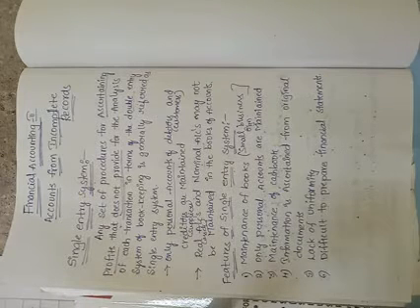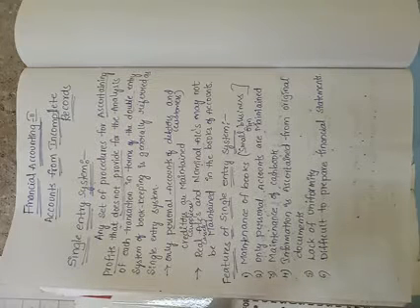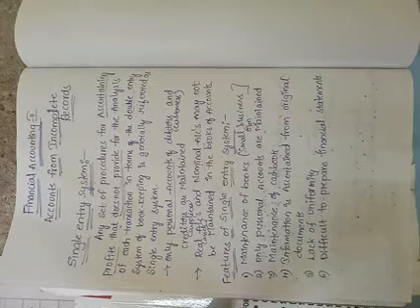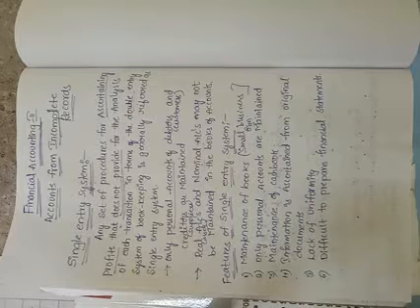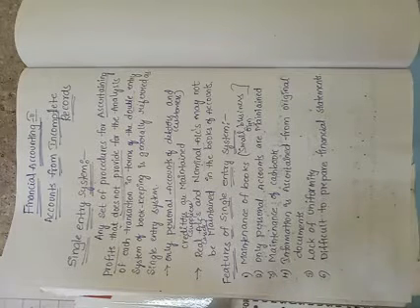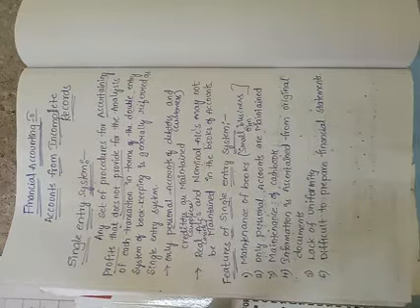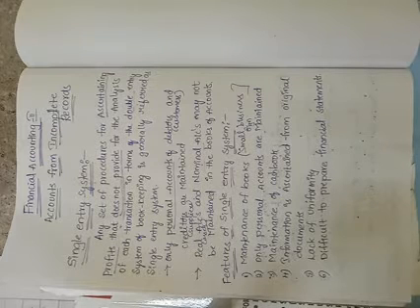The next is, in the absence of record of the twofold aspect of every transaction, it is not possible to prepare a trial balance. Under this single entry system, it is not possible to prepare the trial balance and check the arithmetical accuracy of books of accounts.